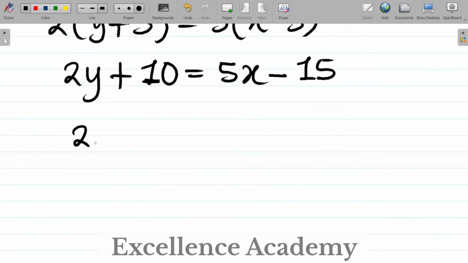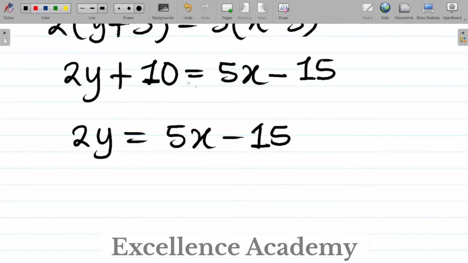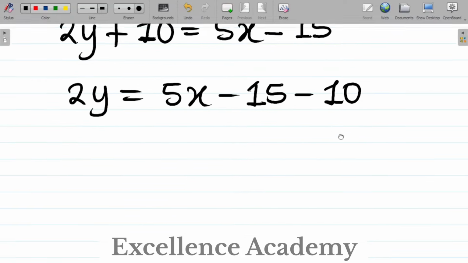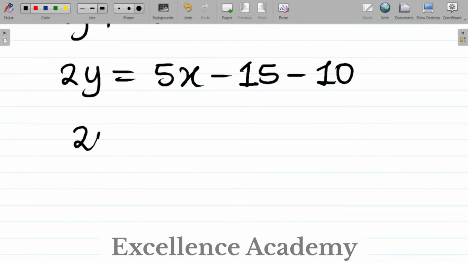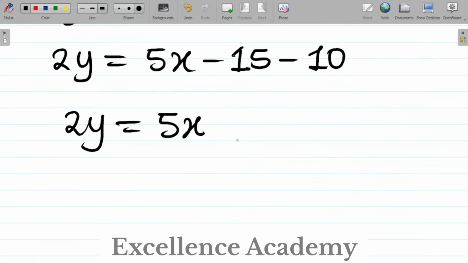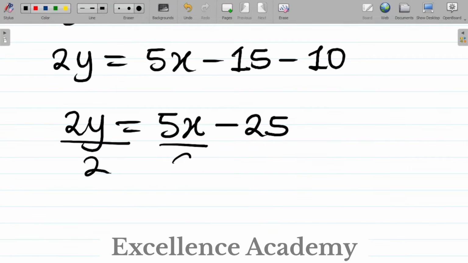Let's get the value of y. You have that 2y is equal to 5x minus 15, and the plus 10 goes over here and becomes minus 10. So 2y is equal to 5x minus 15 minus 10, which gives you minus 25. To get your value of y, we divide here by 2, and here by 2.